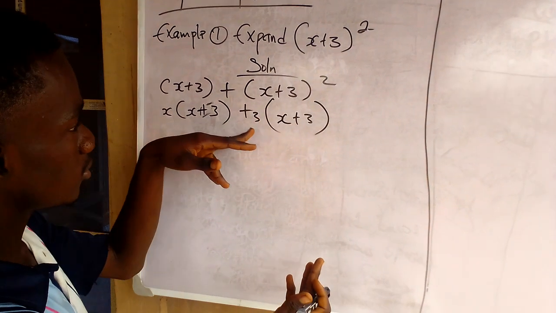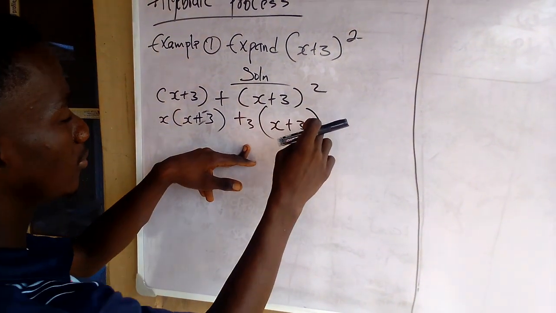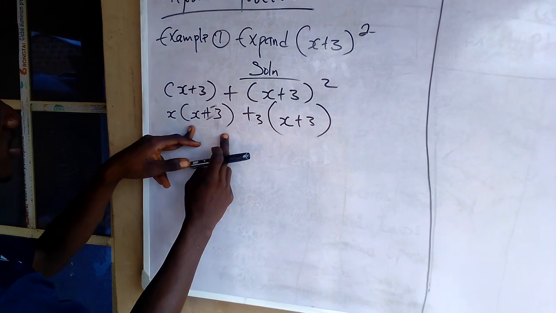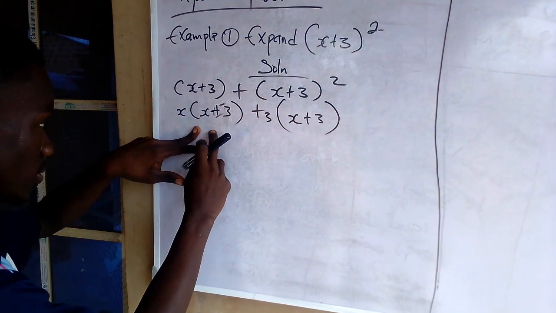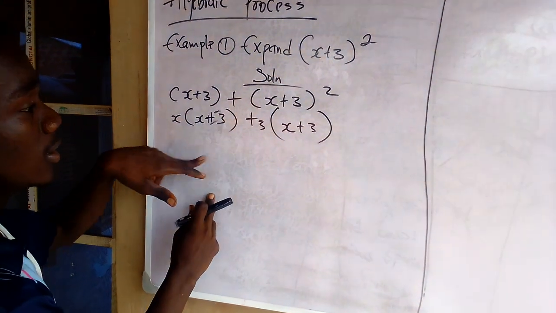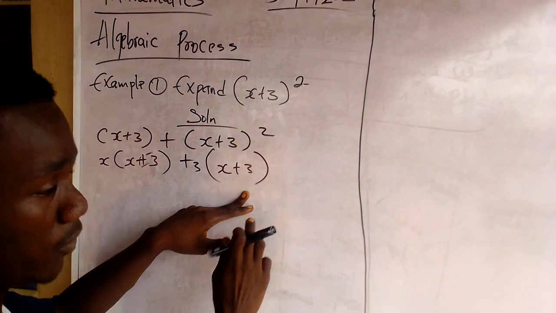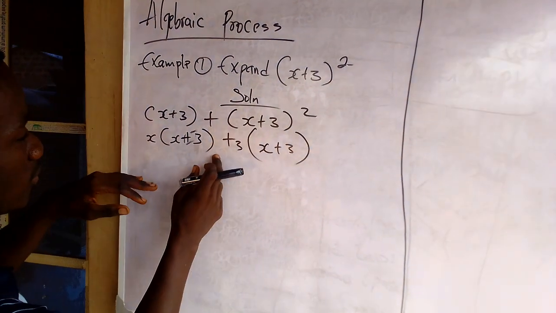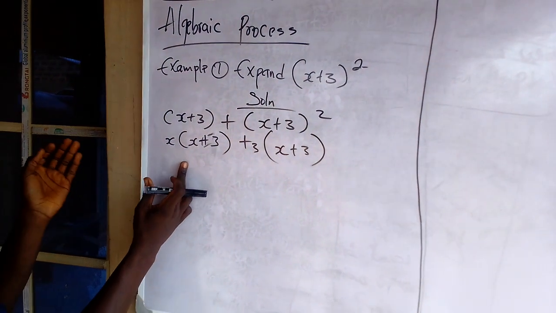I told you how we got this 3: 3 is always at the last side, and x is always at the first side. It must not only be x, it can be y or z, and not only 3, it can be 4. All you need to know is that the first term comes out first, then the last.